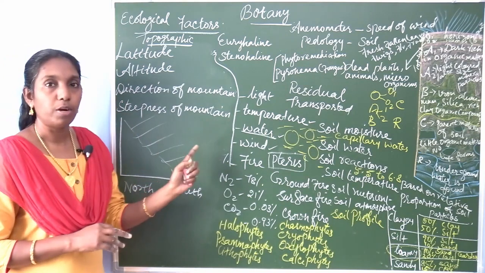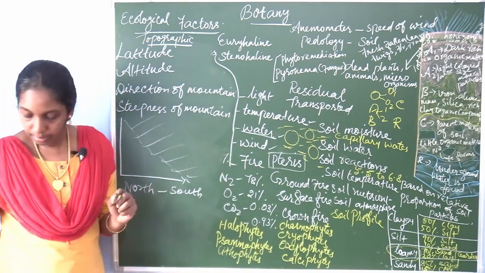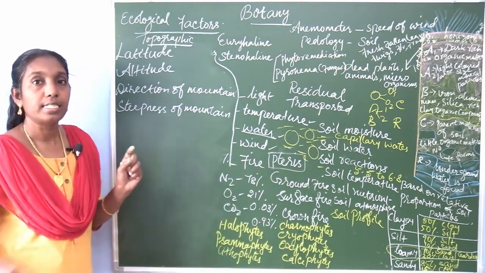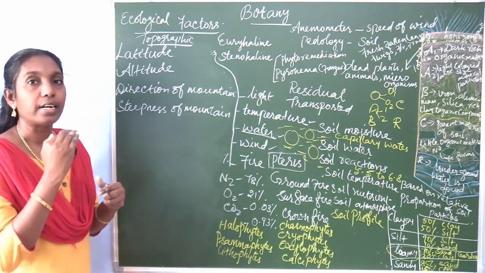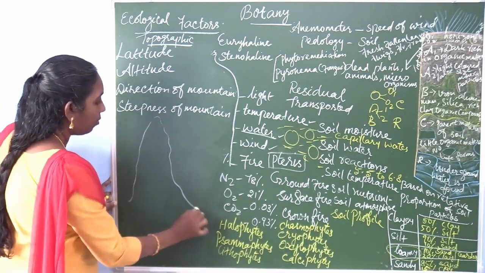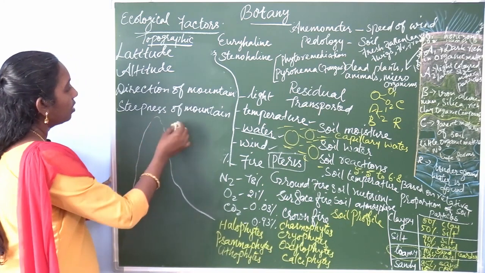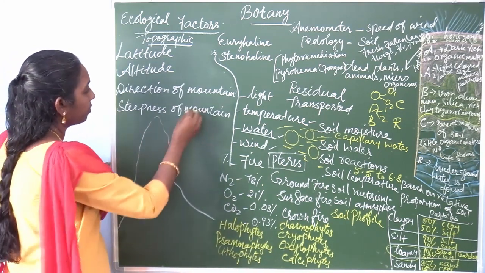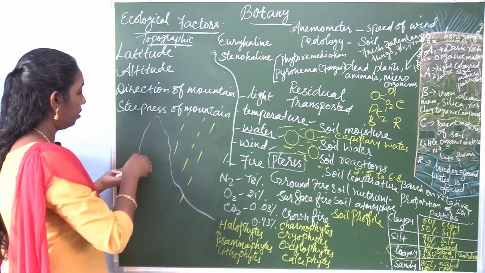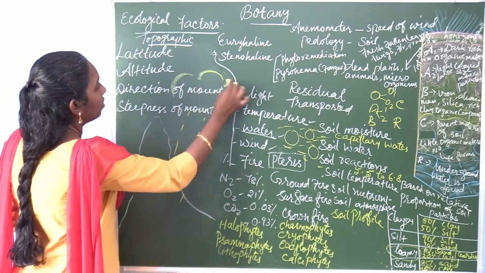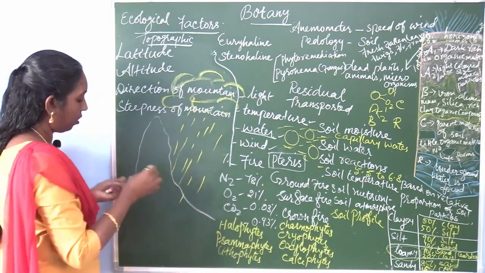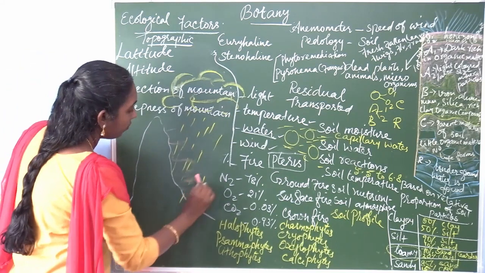Likewise, steepness of mountain. Steepness causes rain runoff. Here is the mountain range, the cloud, and the rainfall. On this side, it is rich in vegetation.